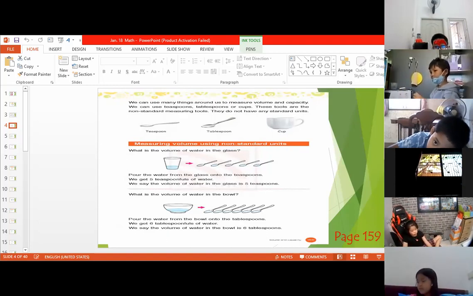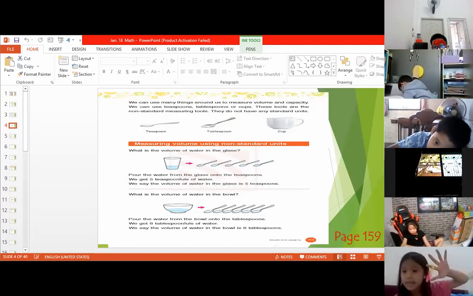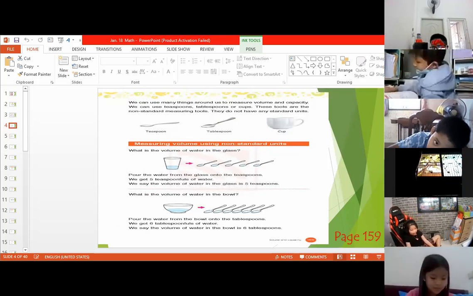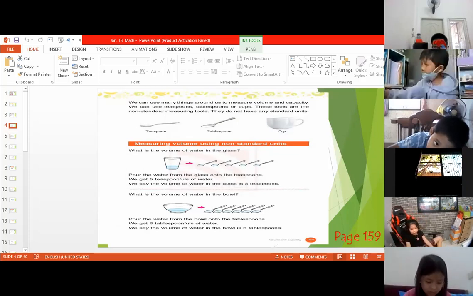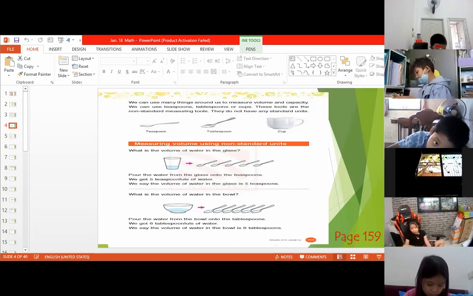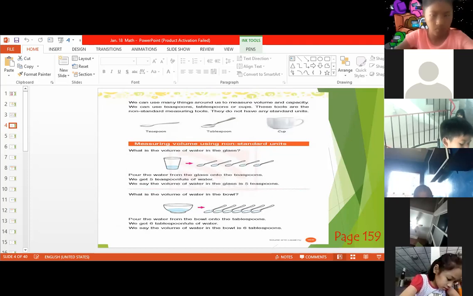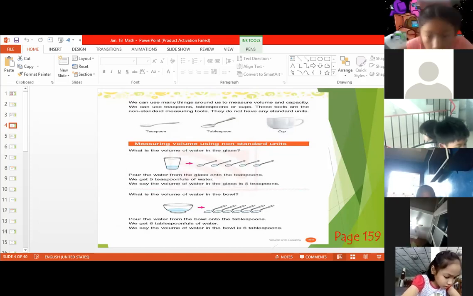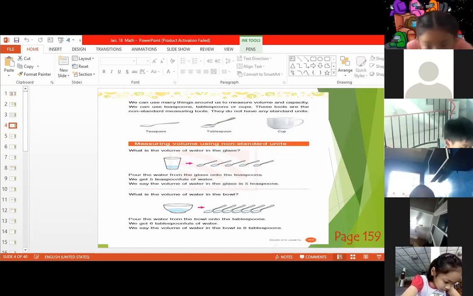How many spoons are there? How many spoons can you pour from the glass you have put in your glass? Anyone who can do it? Who among you? I said go to the kitchen, get a glass of water, a little bit of water only.